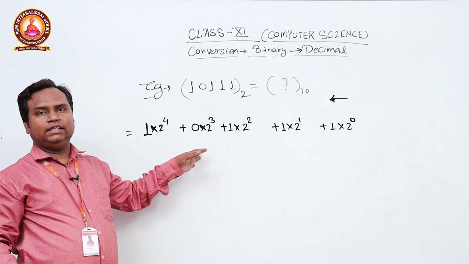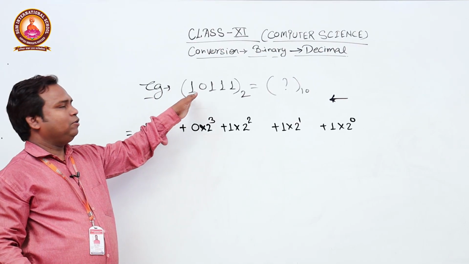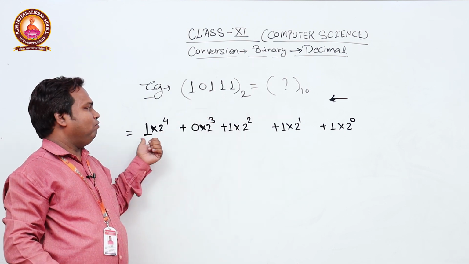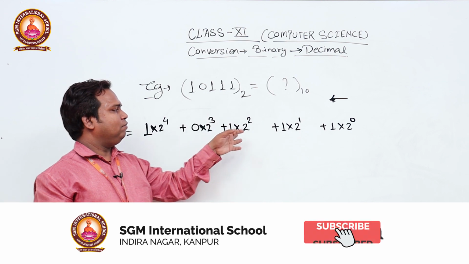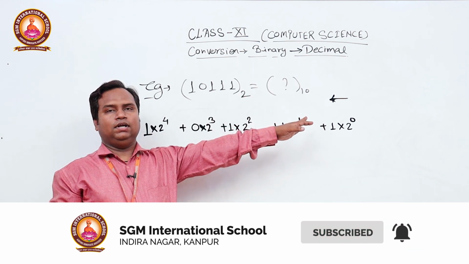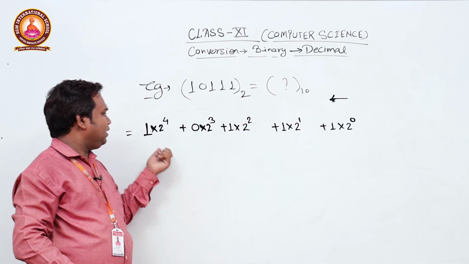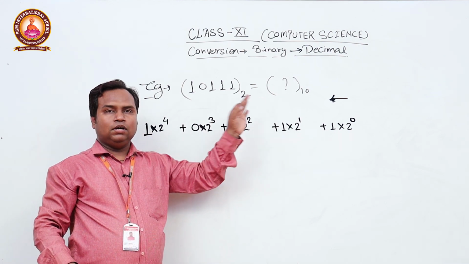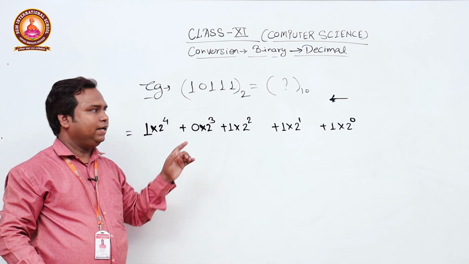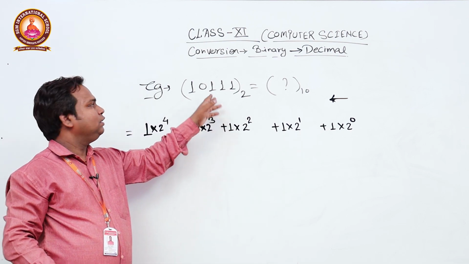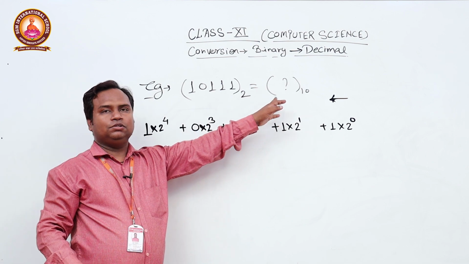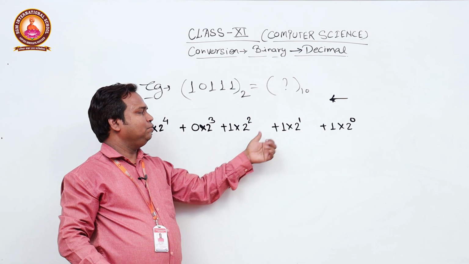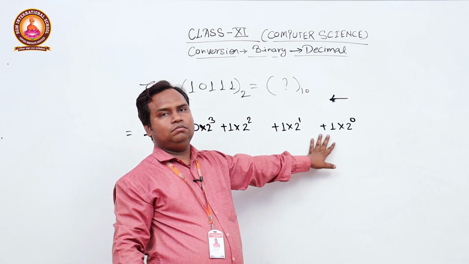Okay, let's revise this. Firstly, you have to write all the digits that are given: 1, 0, 1, 1 and 1. Then you have to apply plus between them and multiply by 2, because binary is changing into decimal: 2, 2, 2, 2 and 2.